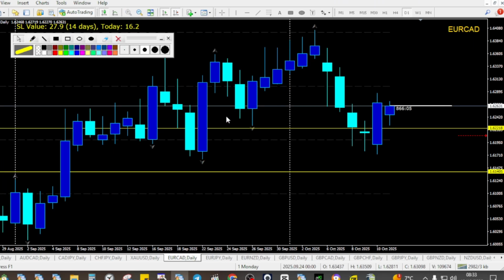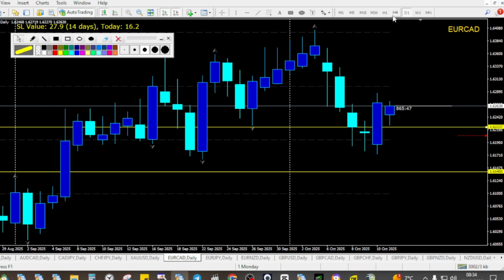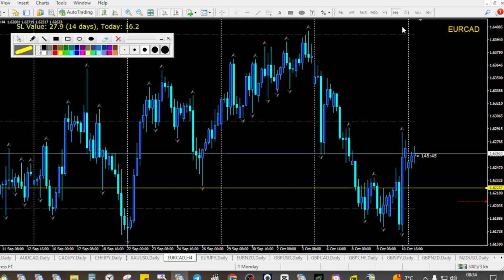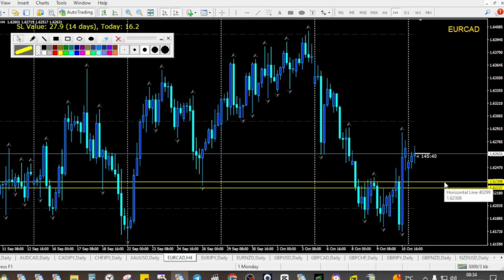EURCAD. So this one is messy. It rejected the line chart, strong level right here. Well done. And now there is an engulfing, a complete one right here, which is a high probability candle. So I wanted to monitor here, and I will move to the 4-hour chart, try to find a level if there is one higher. But it's euro against Canadian dollar.